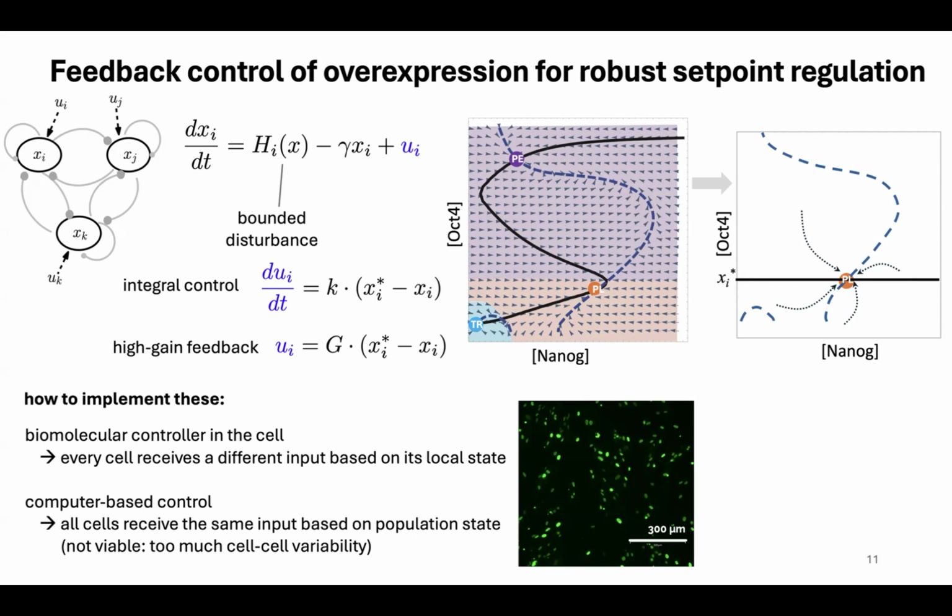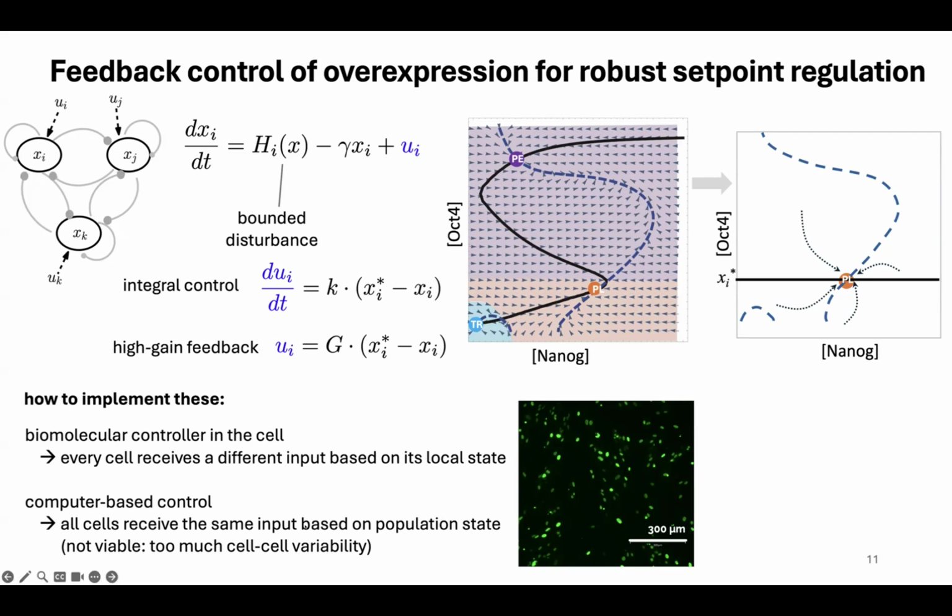There are at a high level two ways in which you can implement these controllers. One is inside the cell. You find a way to create your biomolecular reactions such that UI is given by this control law. In essence, every cell receives a different input based on its local state, which is different from computer-based control where all cells receive the same input based on the population state.